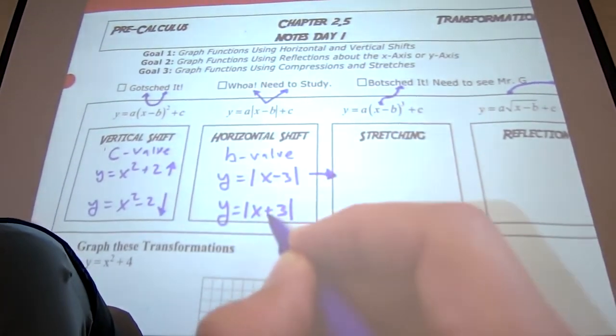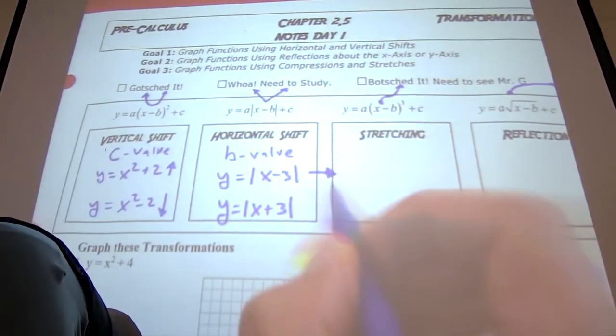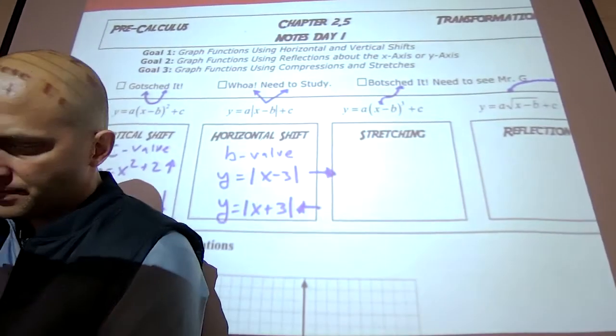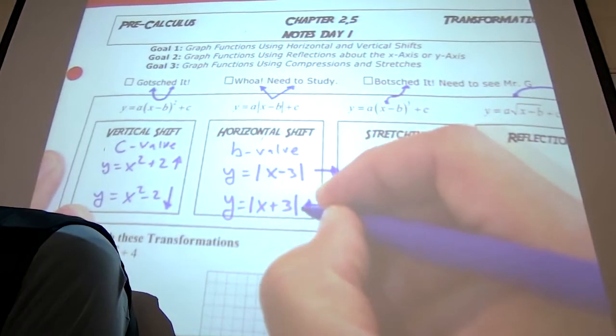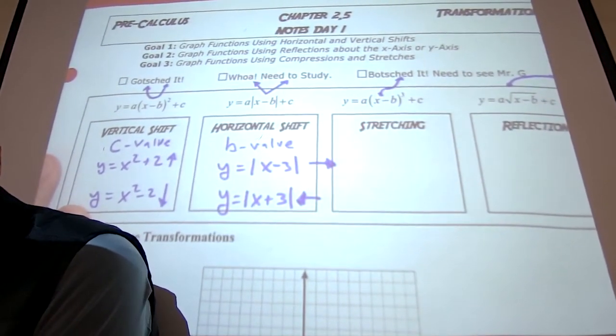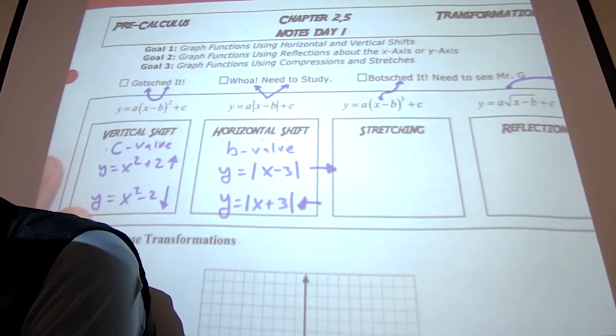And if you see x plus 3, because it's minus, this is really x minus negative 3. This one goes to the left. So I always say opposite of what you see in parentheses, absolute values, or square roots. Positive goes left, and negative goes to the right.